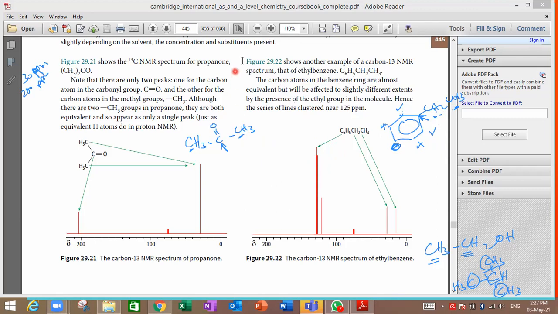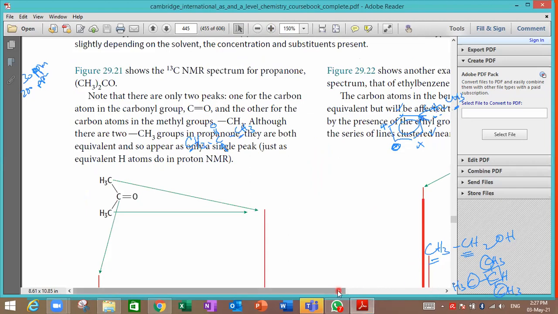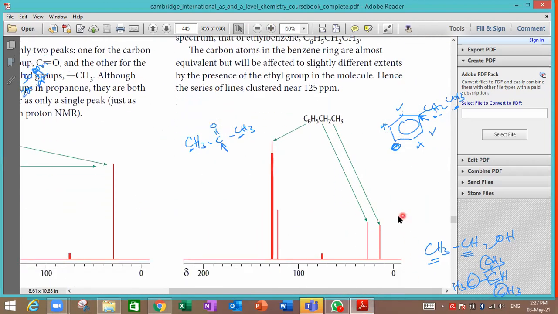This is about 3 peaks, but they are over each other, very near to each other, because the carbon atoms are almost equivalent. These 4, maybe, are almost equivalent, except this one.